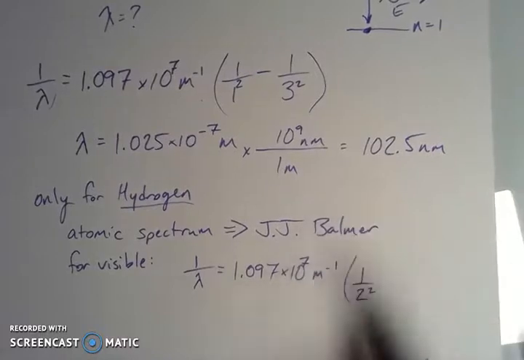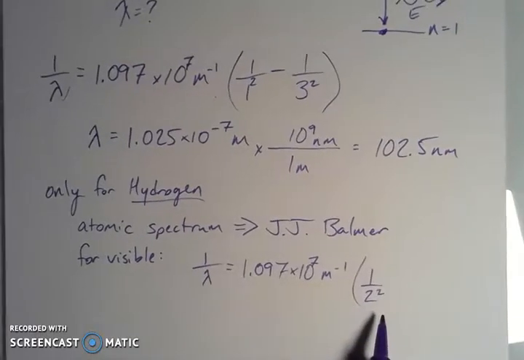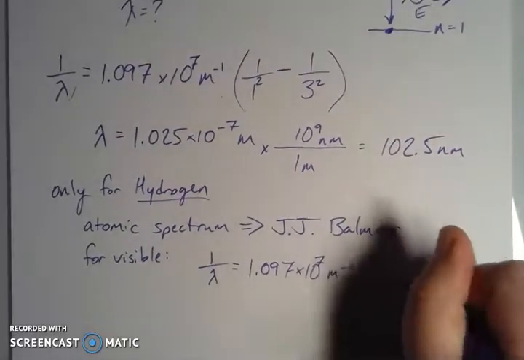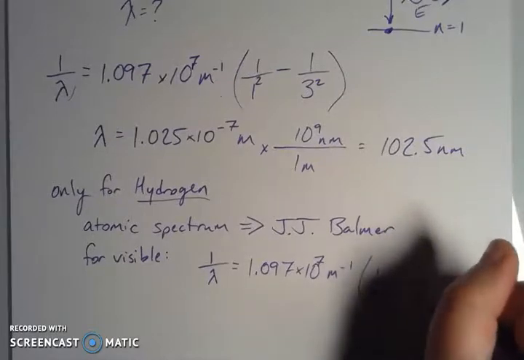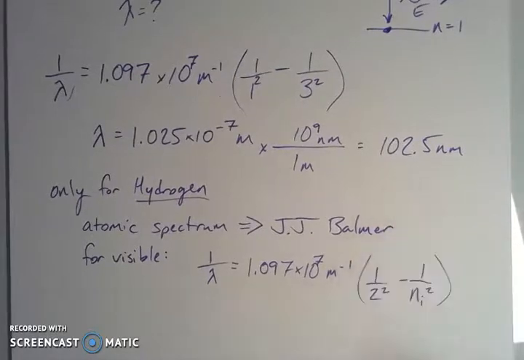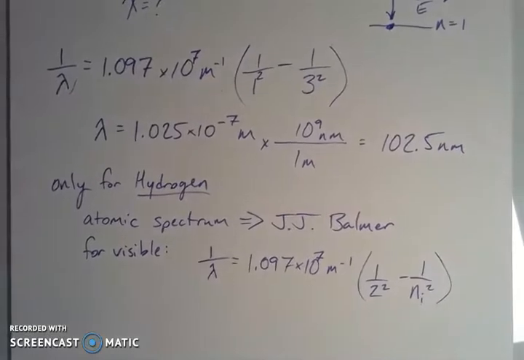And my final here is now always the second principal quantum number. It's always that second energy level. And this is going to be wherever I started from. Then this is going to spit out all of the visible wavelengths for hydrogen. And so I can go from 3, I can go from 4, I can go from 7. All of these are going to give me visible light. So that's an interesting feature from this, and is why the Balmer series is so important.